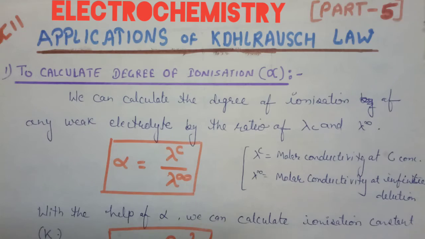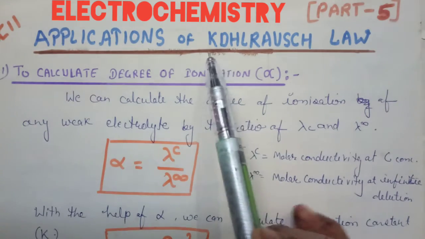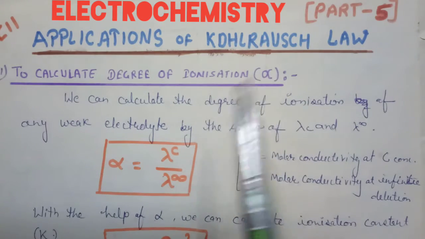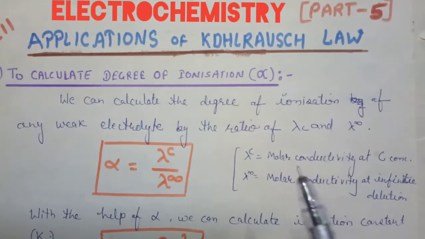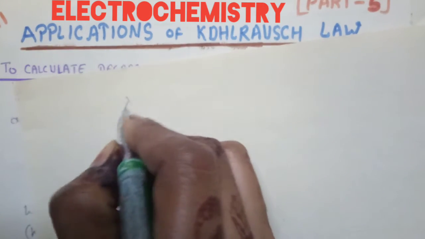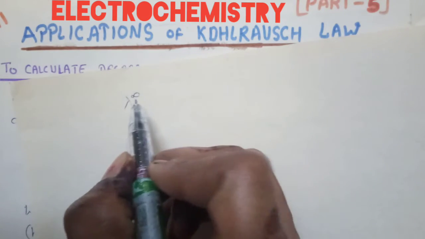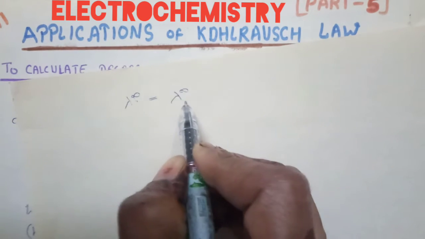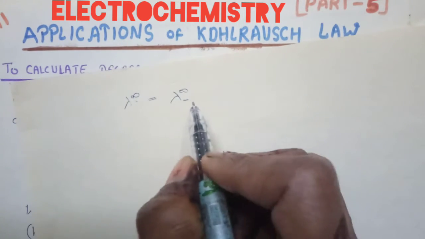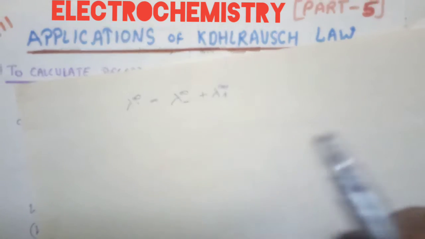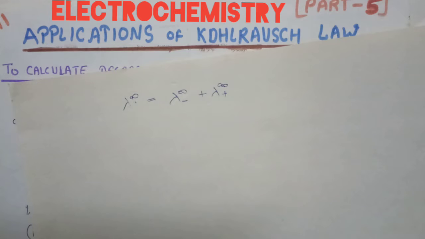Okay, in the last video I taught you Kohlrausch's law, or the law of independent migration of ions. That was the law that lambda infinity, the molar conductivity at infinite dilution, is the sum of the molar conductivities at infinite dilution of the cations and anions of the respective electrolytes.